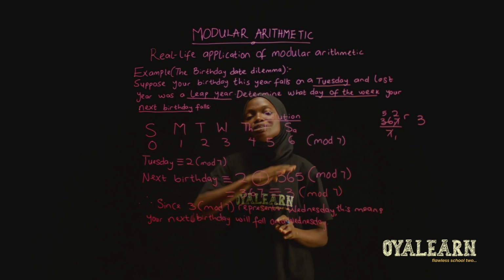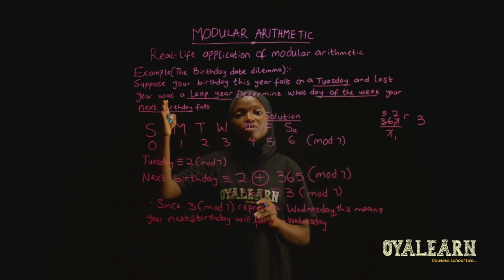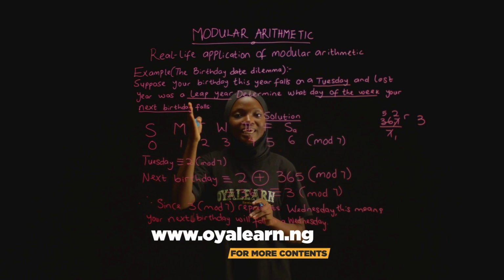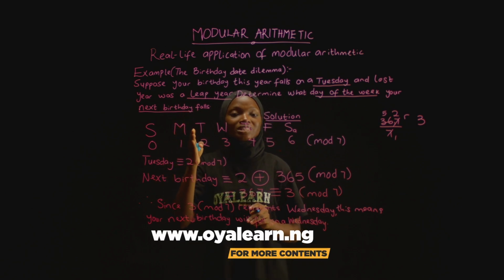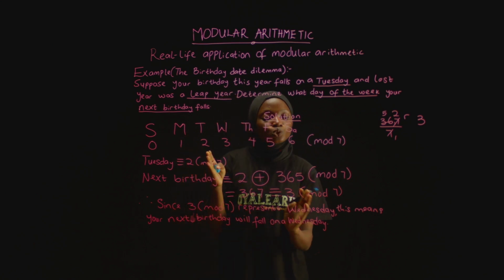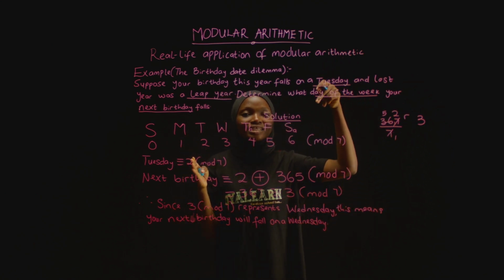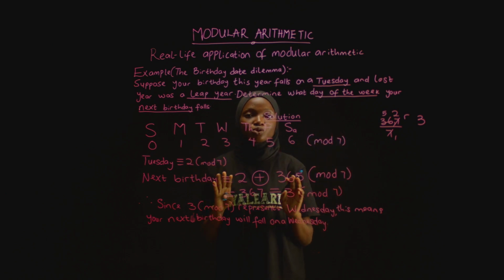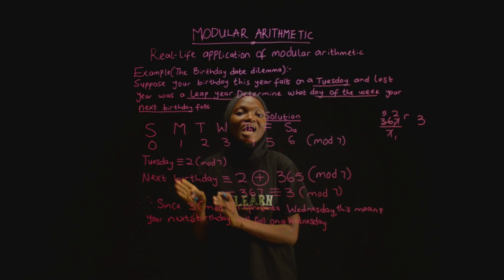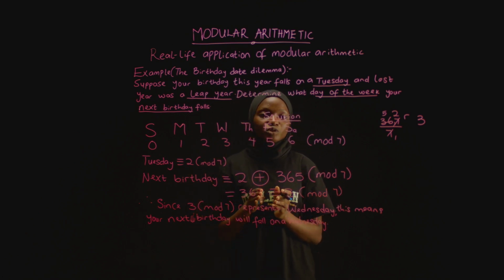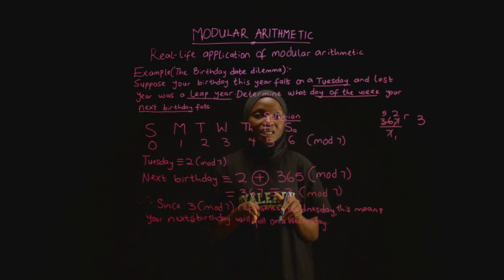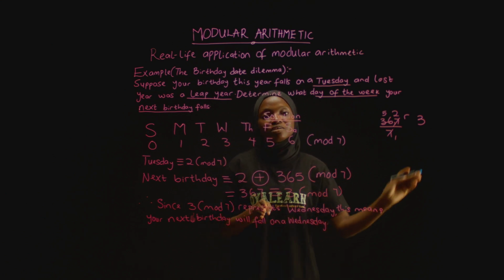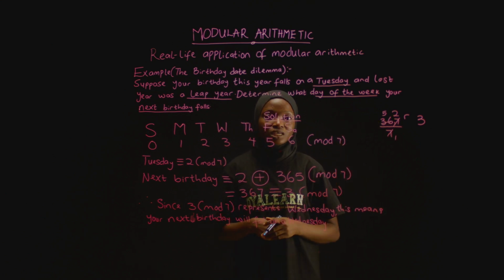So if your birthday is before February 28, you have to count 366 to figure out the day of the week your next birthday is going to fall. But if it is after February 29 for that leap year, for this year, you just have to count 365 to figure out your next birthday date.